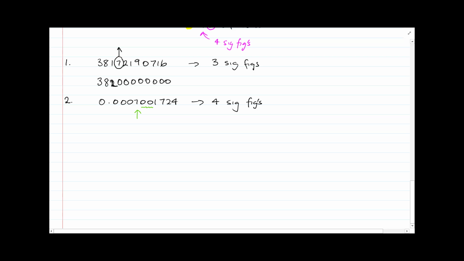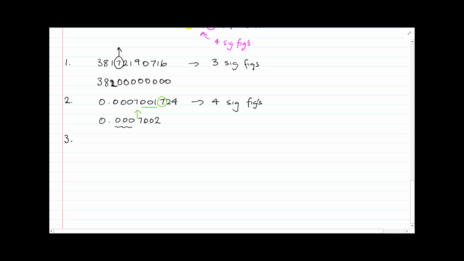We add on our additional 3 to make it 4 significant figures, and we take our 5th significant figure and use that as our rounding key. And in this case I get 0.000, these 3 zeros are still important for magnitude purposes, 7002, because that 7, the 5th significant figure, determines that we need to round up.